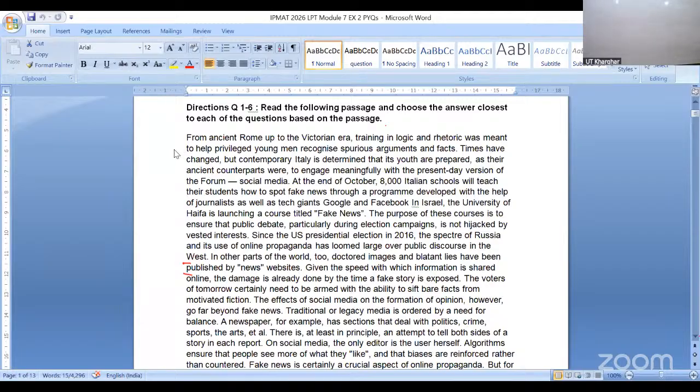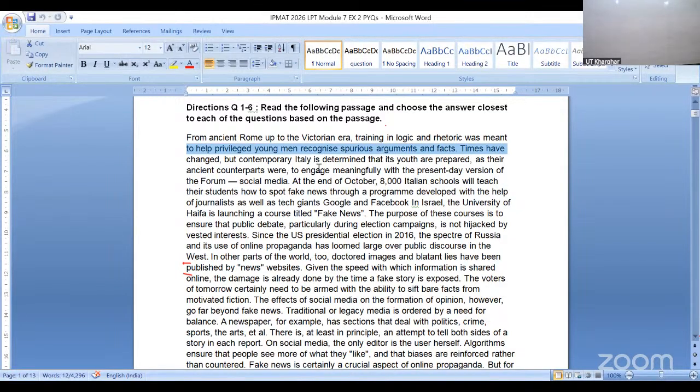So if you look at the first part, what do we have here? From ancient Rome up to the Victorian era, training in logic and rhetoric was meant to help privileged young men recognize previous arguments and facts.